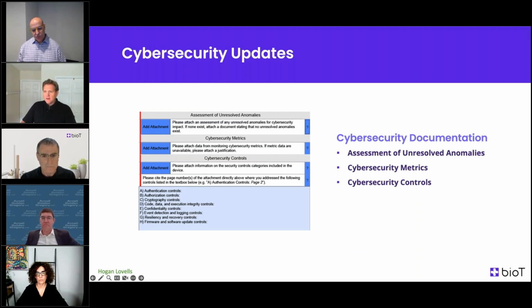Cybersecurity controls. It's very important that you look at Appendix 1 of the 2023 cybersecurity guidance and try to mirror FDA's language in that Appendix 1. When you get deficiencies for all these things, authentication, authorization, cryptography, they're really asking them directly tied to that Appendix 1.